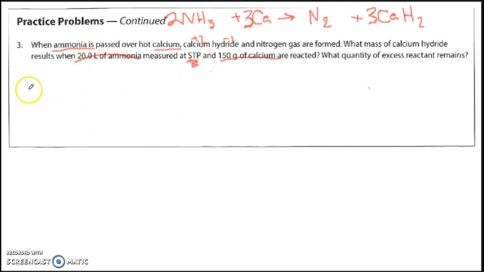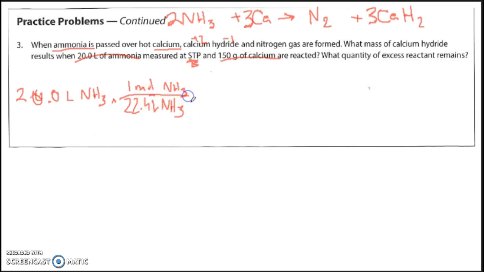So let's do this first one right here, the 20 liters of ammonia. So 20.0 liters of ammonia, NH3. If it's at STP, then I can use my 22.4 liters of NH3 to 1 mole of NH3.